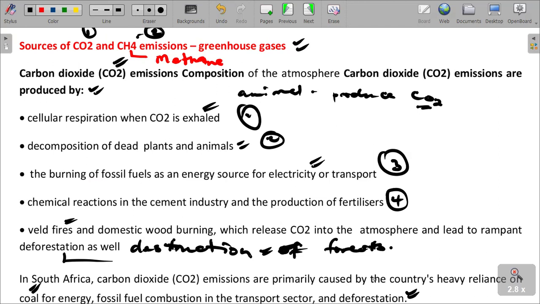plants do consume carbon dioxide during their life, and plants also contain carbon dioxide in terms of their gaseous production. So what we need to understand is that their decomposition also produces carbon dioxide.